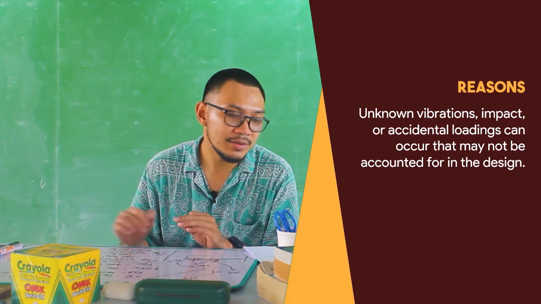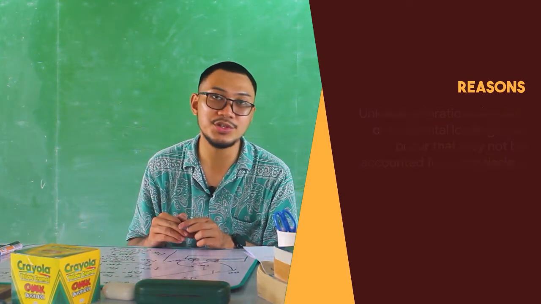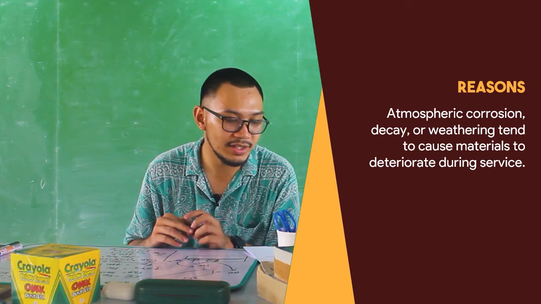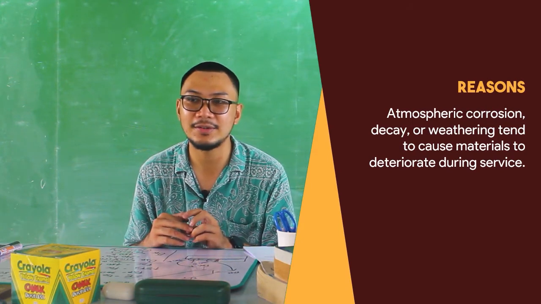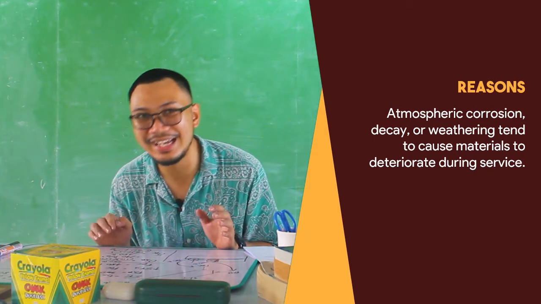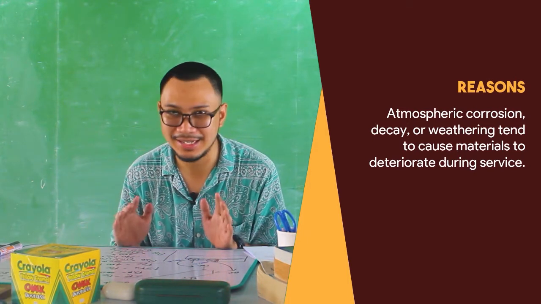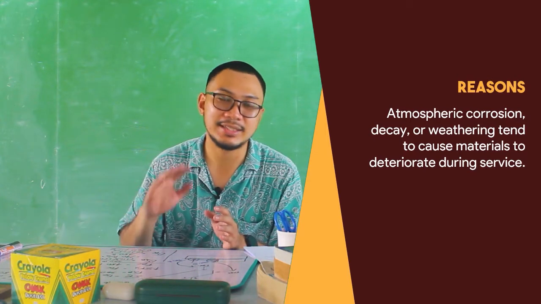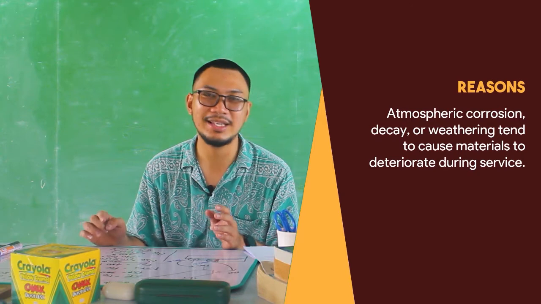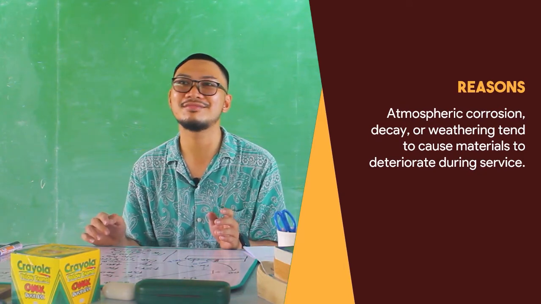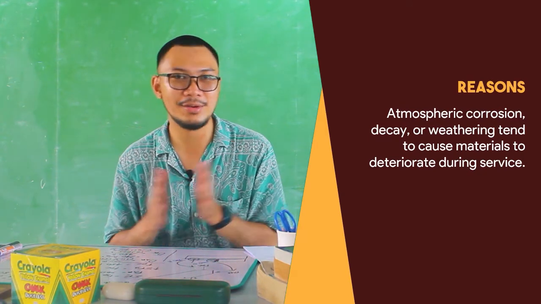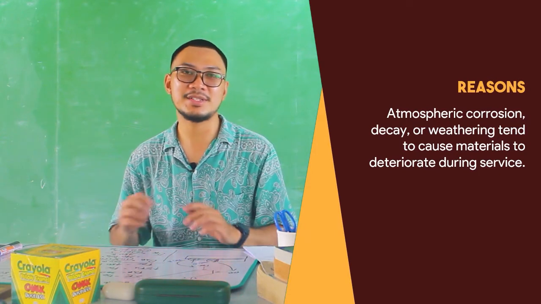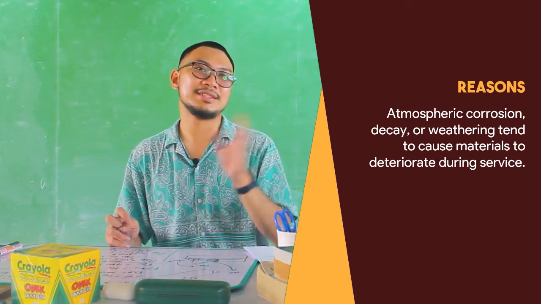Number 3, probably there are atmospheric corrosions, decay, or weathering that will cause the material to deteriorate. So, basin kadugayan kaya ang imong mga materials magkaraan, magtika dugay na, magtika guba, and making it butangan mo allowance sa imong pagkuan sa dimension sa imong beams probably can save you.